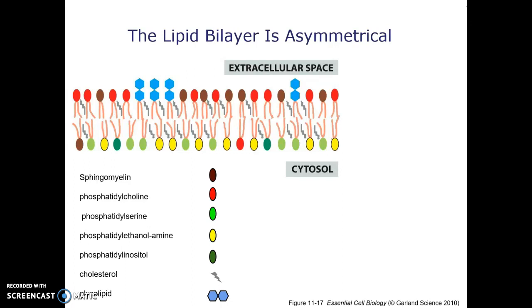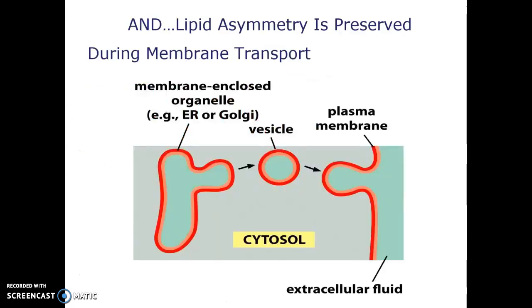So there are more flippases than floppases, and so it's okay if there's some sphingomyelin or phosphatidylserine in, I'm sorry, phosphatidylcholine on the inner. That's not going to cause a problem. So another thing to remember is that the cytosolic side always stays cytosolic.